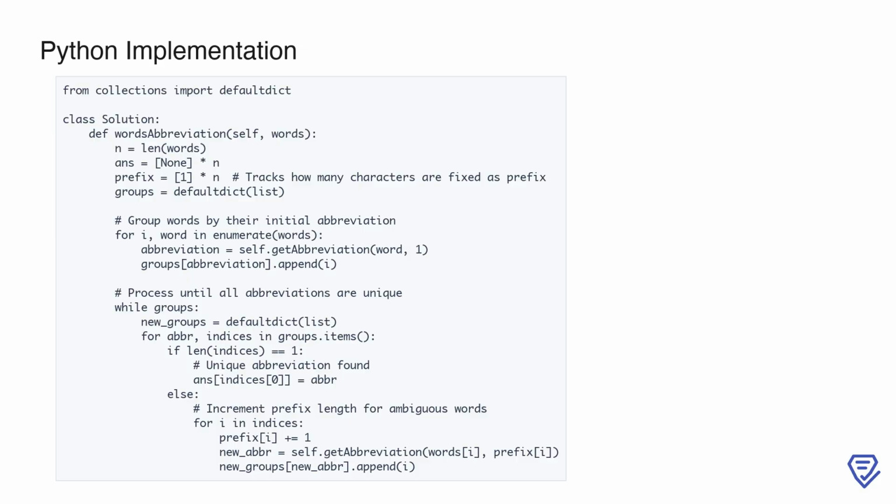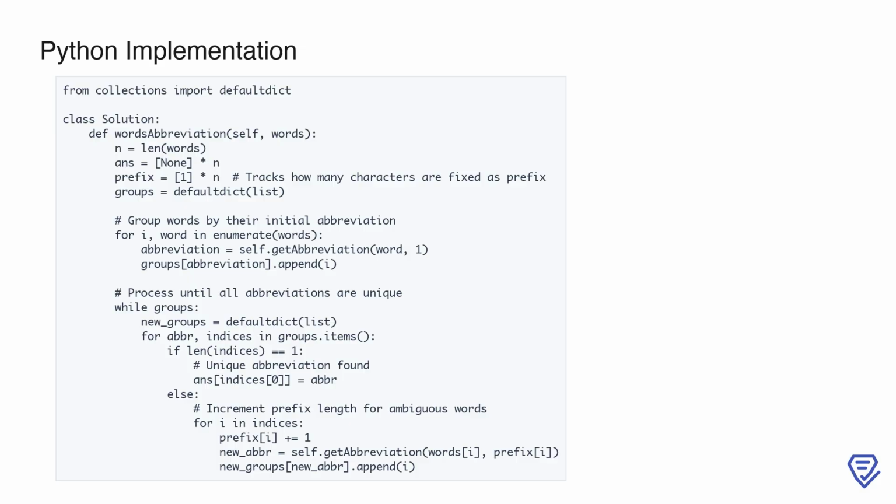The next step is to process these groups until all abbreviations are unique. This is handled in a while loop, where we start by creating a new groups dictionary to store updated groupings. For each abbreviation and its associated indices in groups, if only one word corresponds to an abbreviation, we assign that abbreviation directly to the corresponding index in ans.